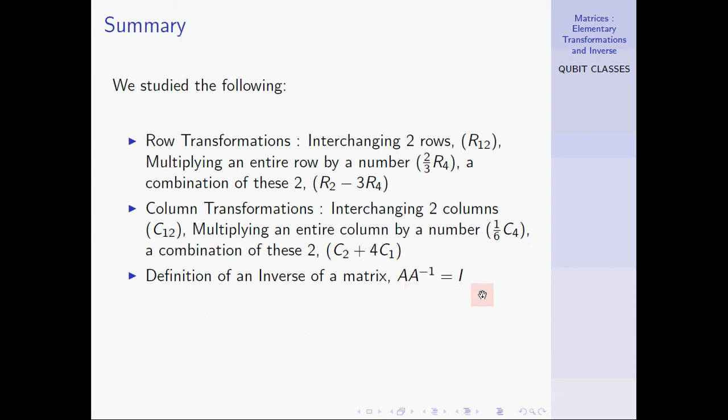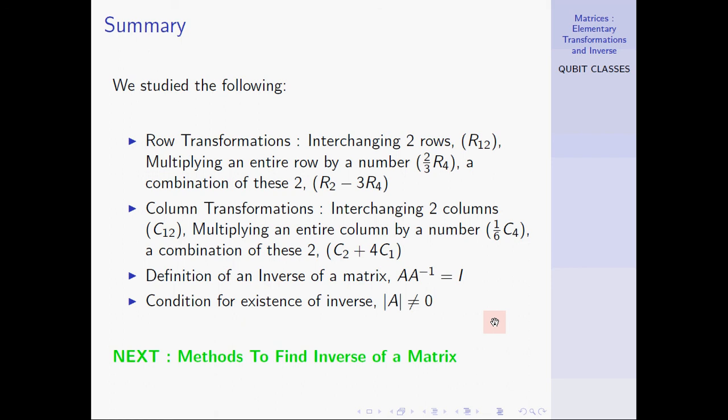So this is the similarity between finding a reciprocal of any number and the inverse. And we also saw the condition for existence of an inverse. Only square matrices have an inverse, and if the determinant of that square matrix is not equal to 0, only then the inverse will exist.